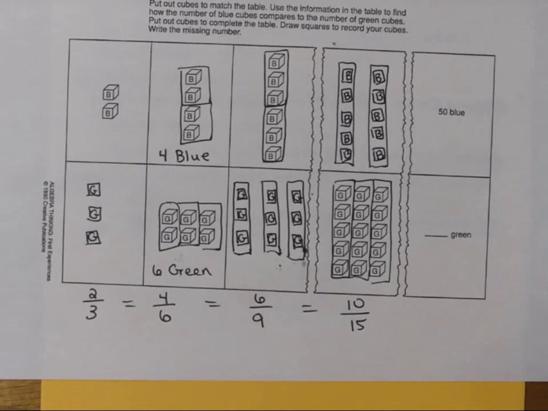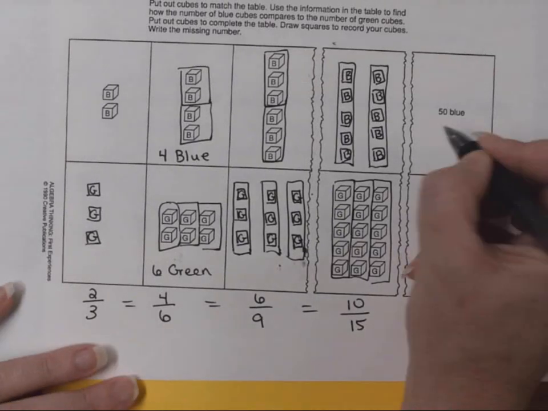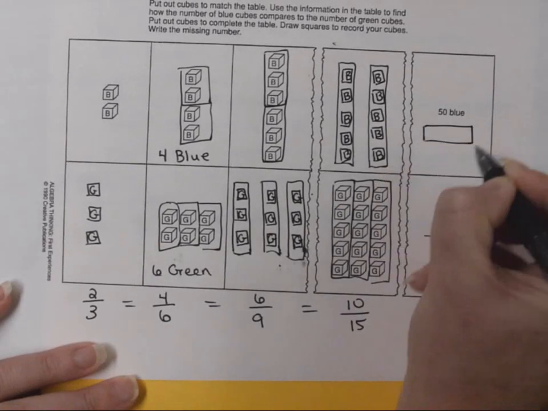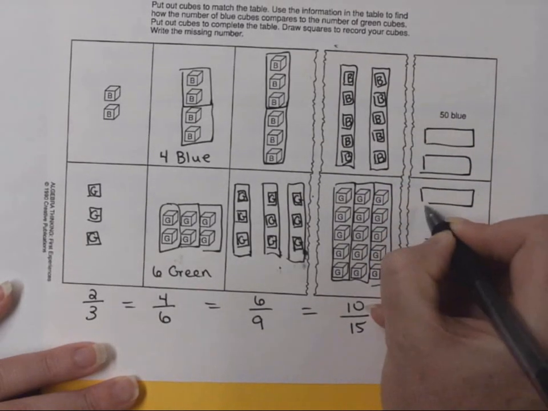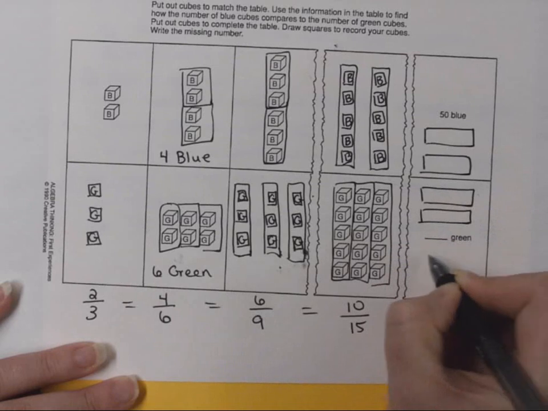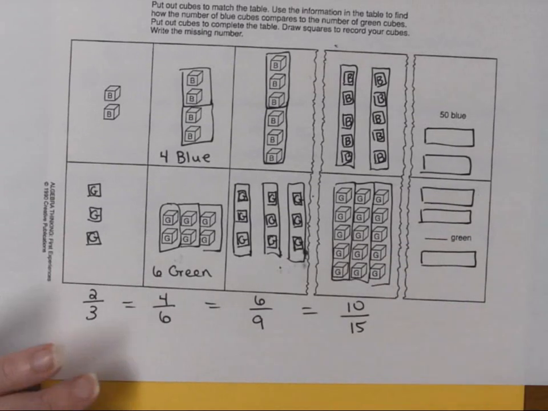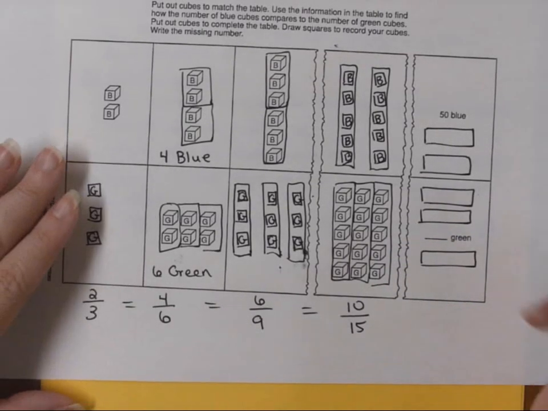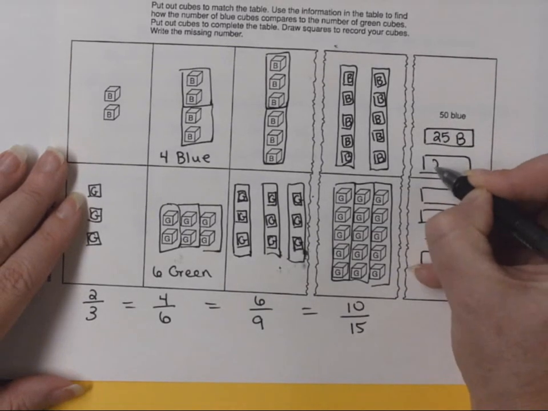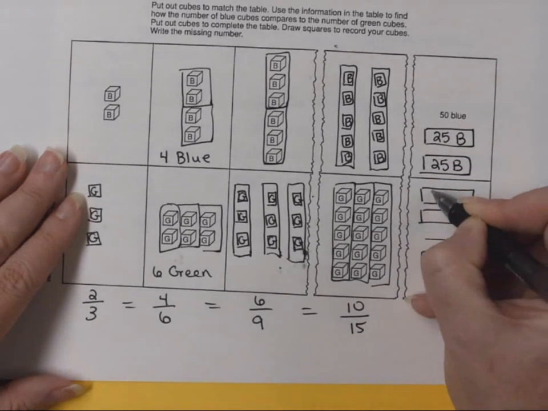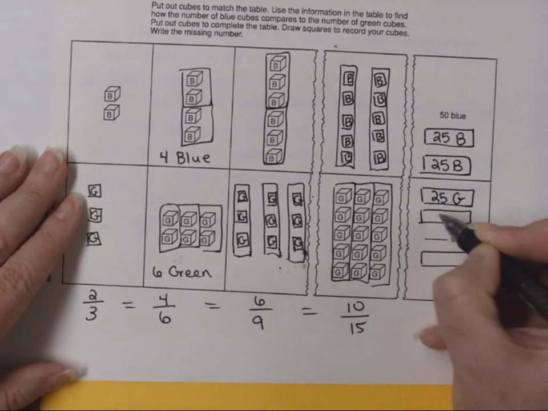Maybe we don't really want to do a full picture here, clearly. But let's stick with our same strategy. We want 2 groups here versus 3 groups here. Rather than drawing them, let's just write how many. If there were 2 groups, there would be 25 blues in each, and down here there'll be 25 greens in each.